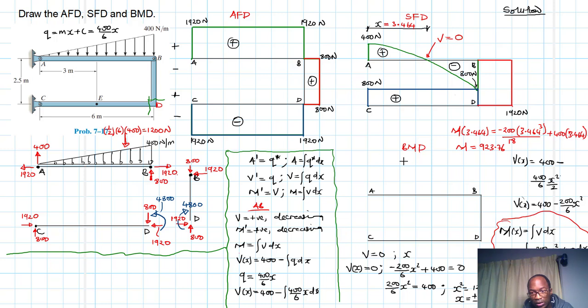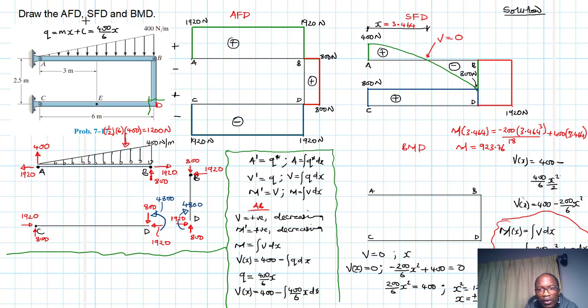Minus 200 divided by 18 times 3.464 cubed plus 400 by 3.464 gives 923.76. Okay, so that's the value we find there.